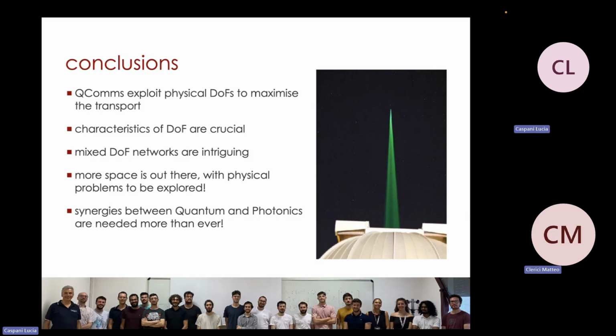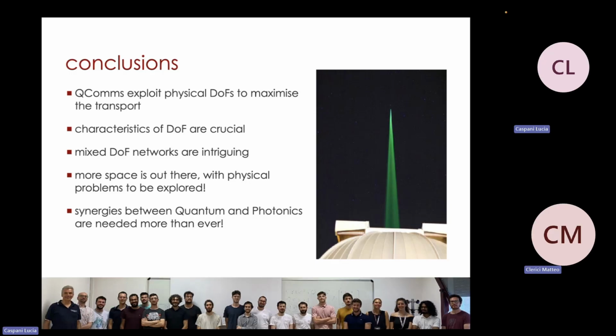The conclusions are that quantum communications are the most fundamental level of communication, and they are based on degrees of freedom. There are several opportunities on this. I tried to summarize a few of our results on this, but there are many more. Definitely synergies between quantum and photonics are needed now more than ever.